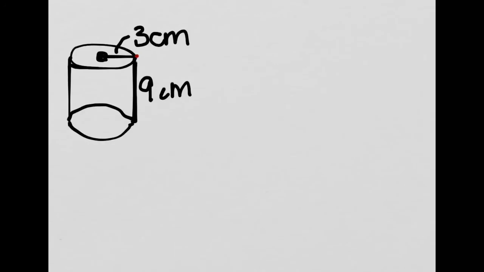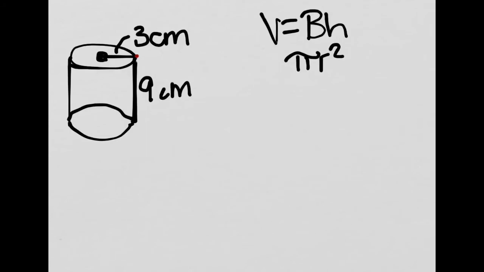All right, let's go ahead and look at the volume of a cylinder. A cylinder is very, very similar to a prism. The only difference is our bases are circles now. So our volume is still going to be the base area times the height. In this case, our base, since it happens to be a circle, in order to find the area of a circle, it's pi r squared, and then our height. So in this case, we have our radius. Our radius is 3 centimeters.